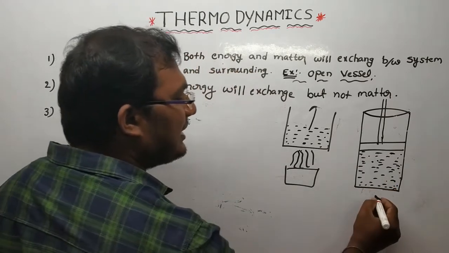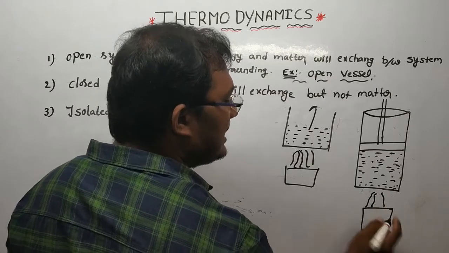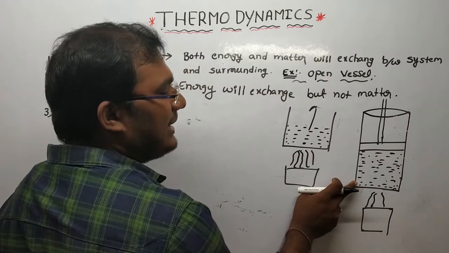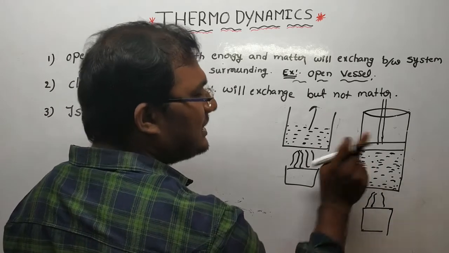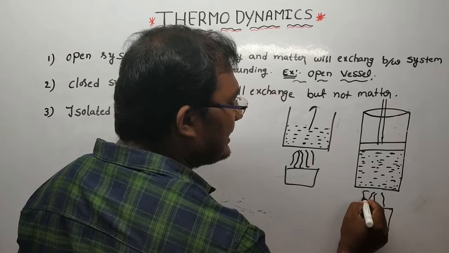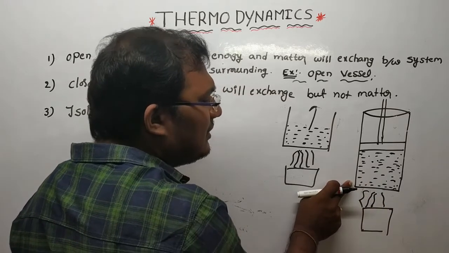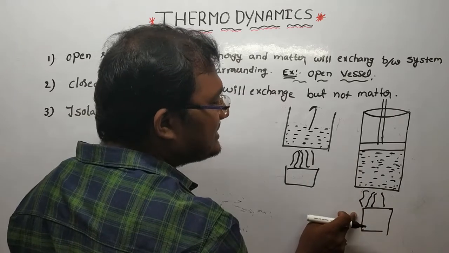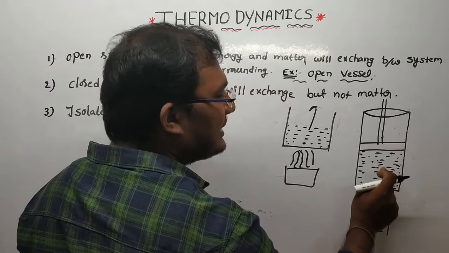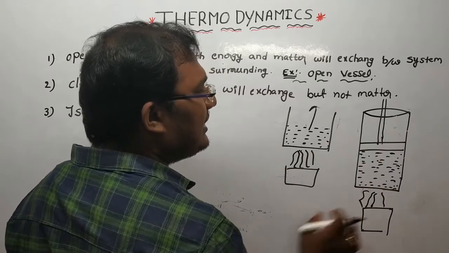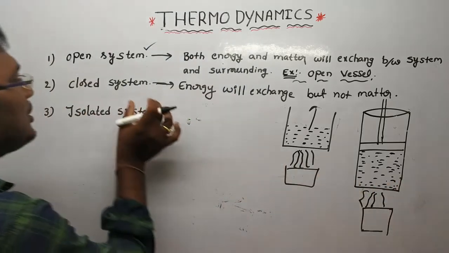When we supply the heat energy from the surroundings, the gas will expand. That means some work will be done by the gas on the piston. Only thermal energy will exchange between the system and the surroundings. There is no change in the quantity of matter inside the cylindrical vessel. This is the best example for the closed system.